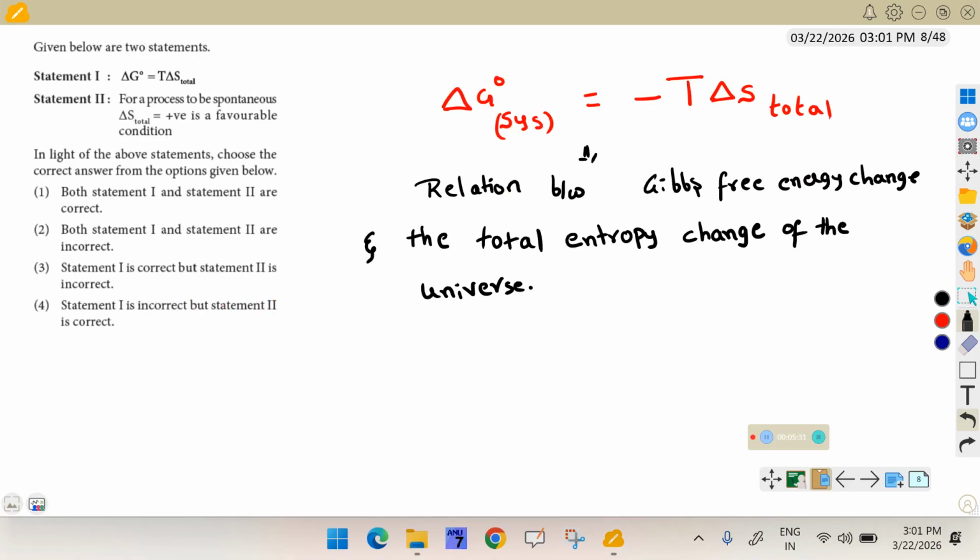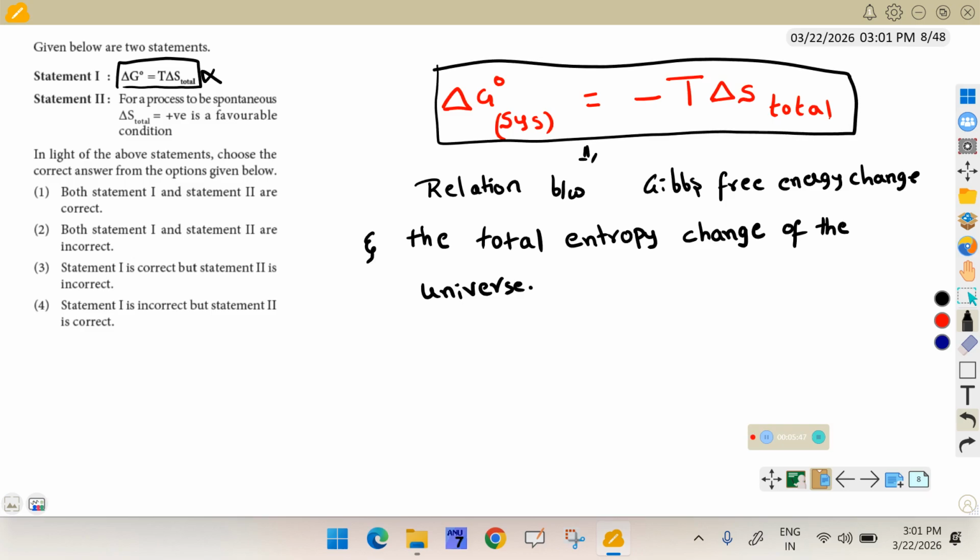Given below are two statements. Statement 1: delta G is equal to T delta S total. This is wrong. Delta G system is equal to minus T delta S total is correct.